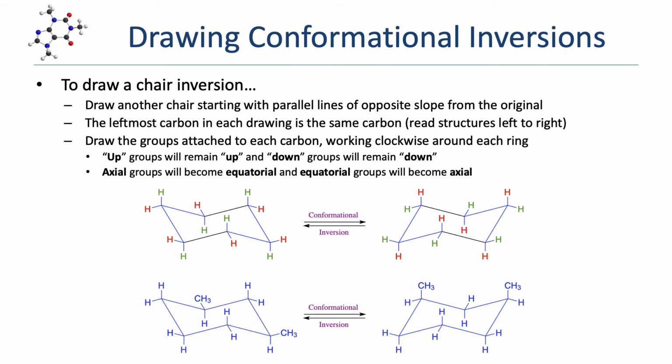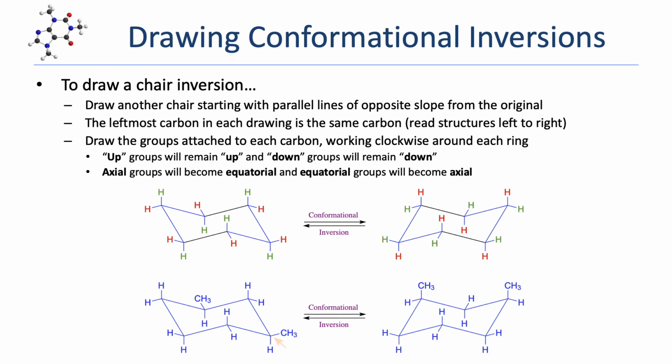So we have a downward equatorial hydrogen. From there, we just continue to work our way around clockwise on both drawings. When we go clockwise on the left original drawing, we have 2 hydrogens, so you can't tell the difference. So find that same carbon on the new drawing and simply draw in 2 hydrogens. Going clockwise again on the original drawing, we're at the rightmost carbon now, and you can see that it has a methyl group up equatorial and a hydrogen down axial.